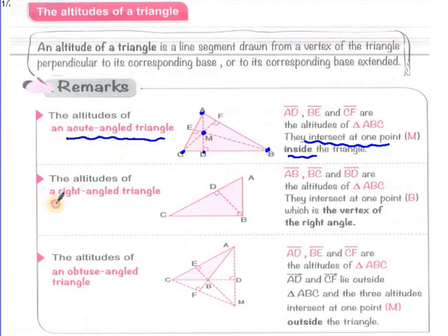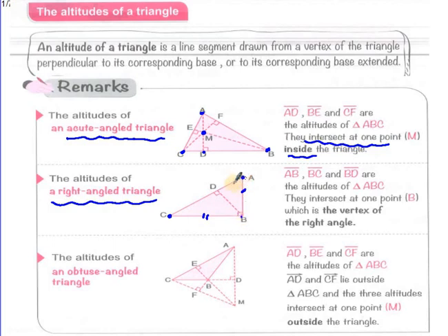What about the right angle triangle? Look here, this is the vertex and here the corresponding base. This is the perpendicular, the first one. And here the vertex, and this is the corresponding base, the second one. What is the third?